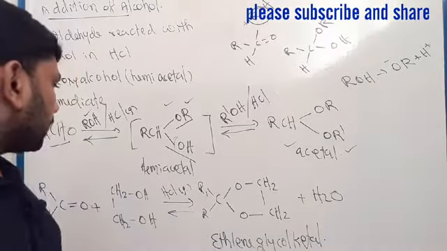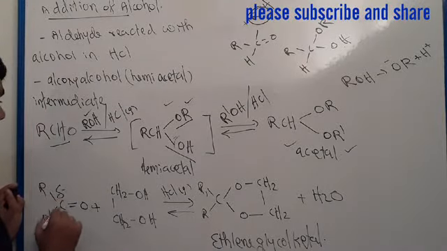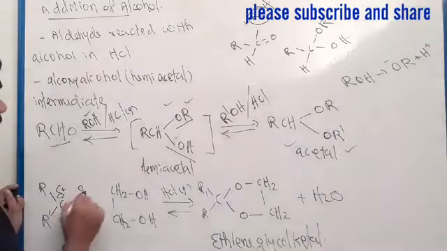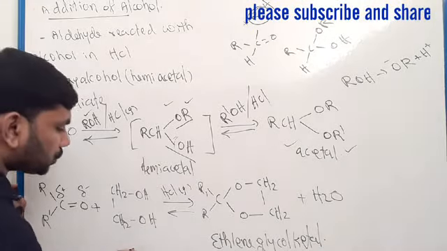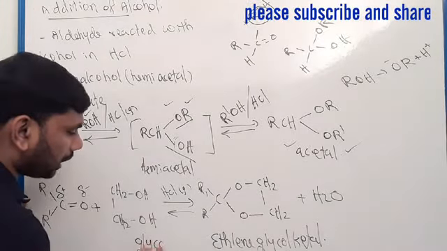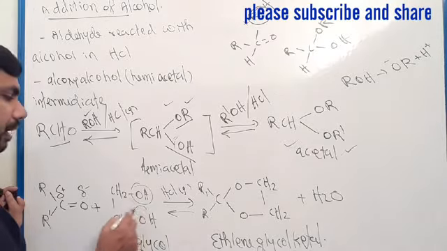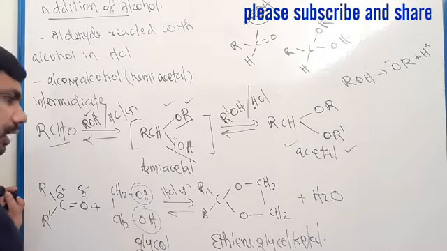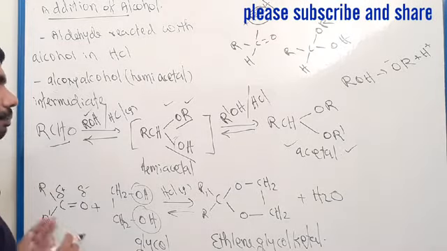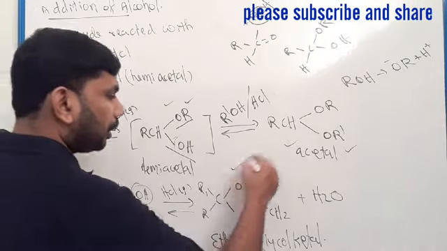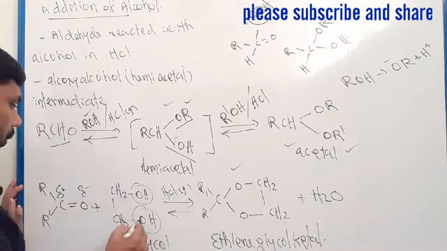Clear? Next, let us check ketone. We know this is ketone, this is the positively charged part, this is the negatively charged part. Here we choose glycol. This is a diol, there are 2 OH functional groups. It reacts with this functional group and we obtain this type of compound. CH2O.